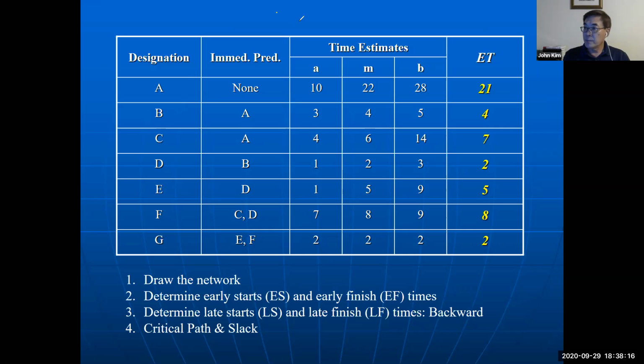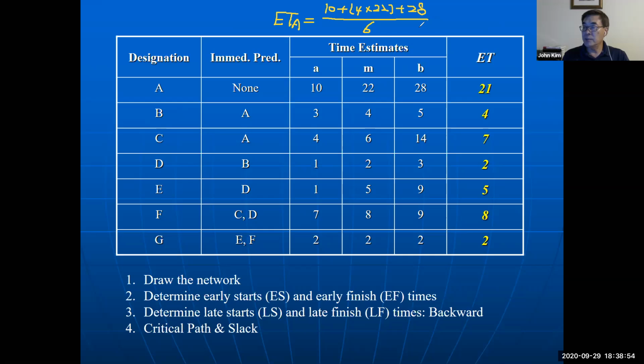The expected time for activity A equals a, which is 10, plus 4 times m, 22, plus b, the pessimistic time, which is 28, divided by 6. This is a constant because the coefficients are 1, 4, 1, and 1 plus 4 plus 1 is 6.